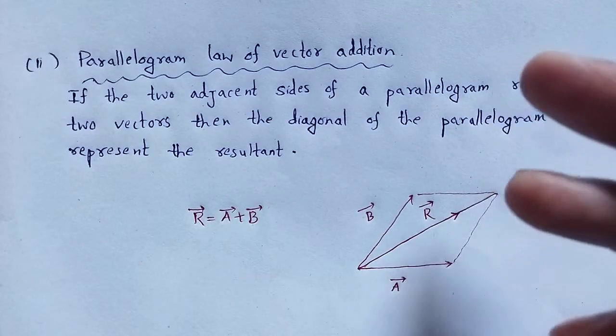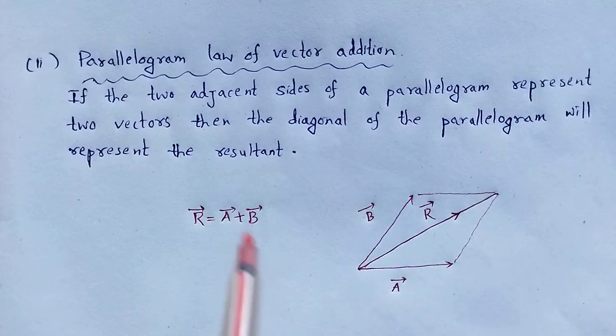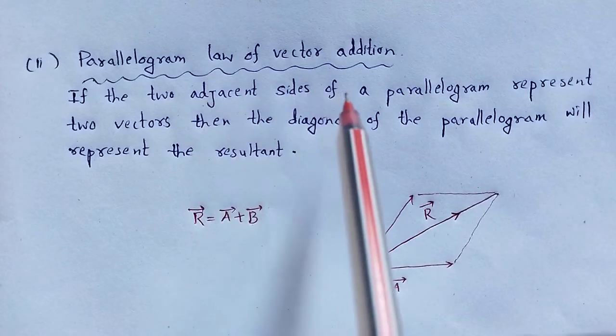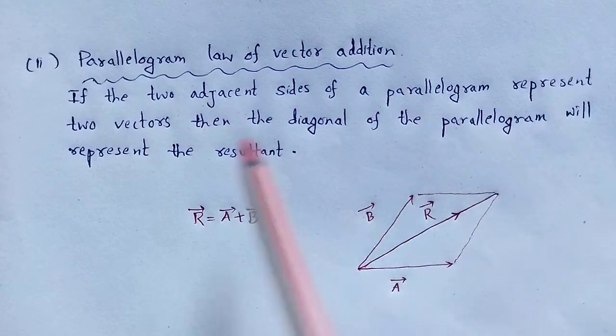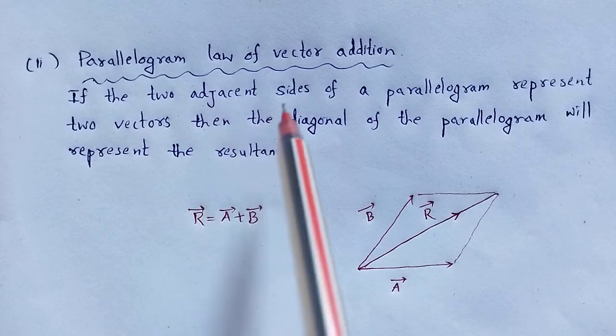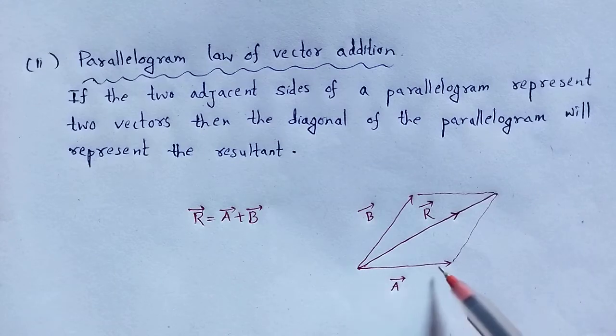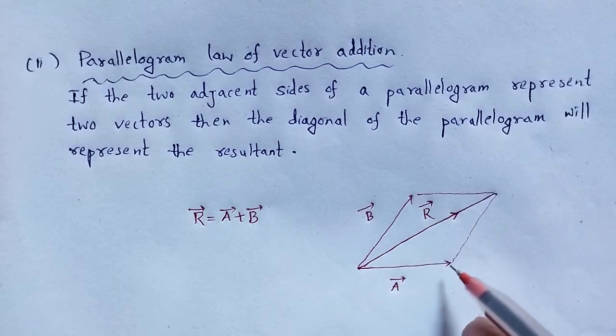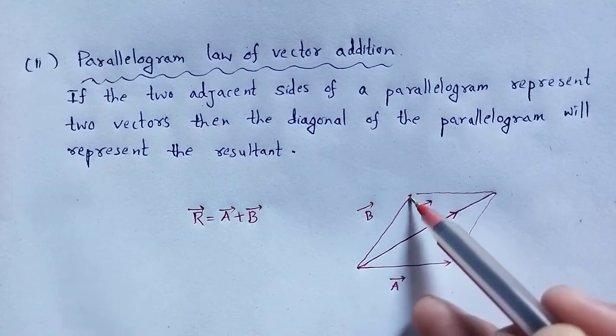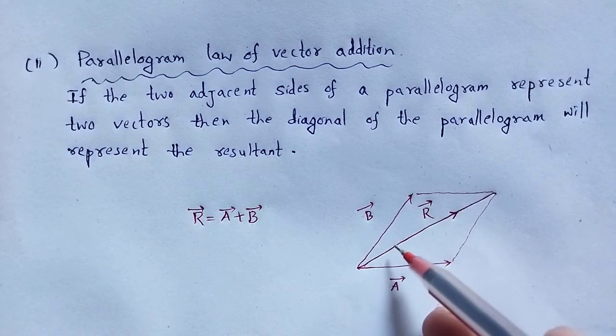Again I repeat, what is the parallelogram law of vector addition? If the two adjacent sides of a parallelogram represent two vectors, then the diagonal of the parallelogram will represent the resultant. A vector and B vector are the two adjacent sides of the given parallelogram.